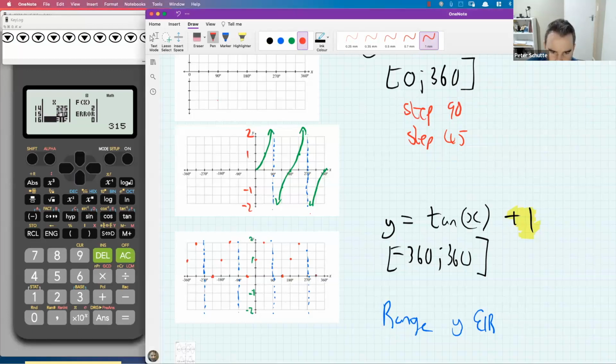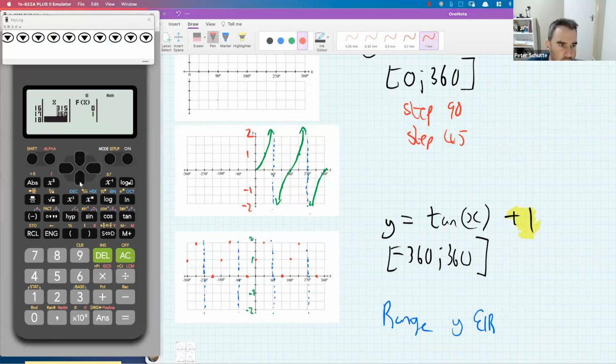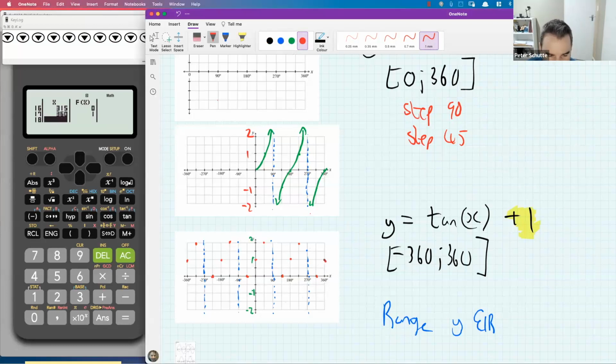Let me try that again. So 315 is 0, and then 360 is 1. Okay, this is quite a bit of drawing here. But what you can see is you can kind of see the shape of the graph. There's the 1 bit. And then you can see the same thing happening here.